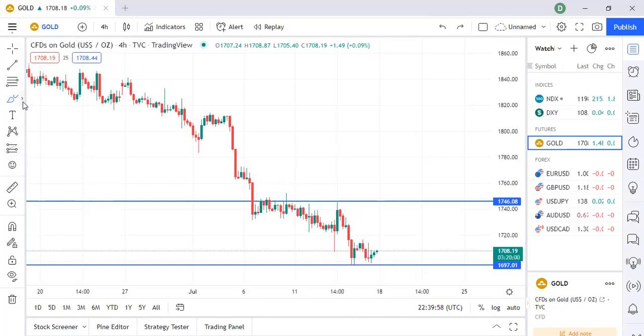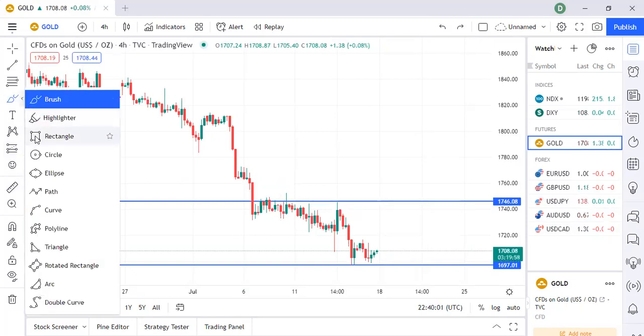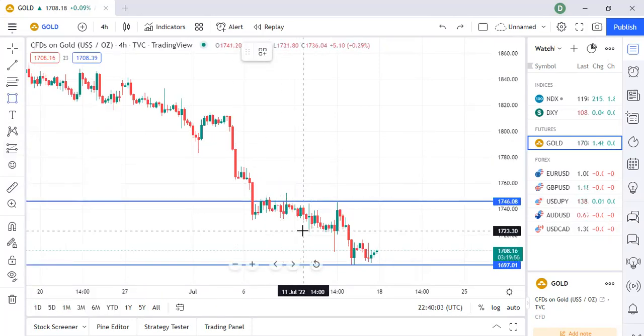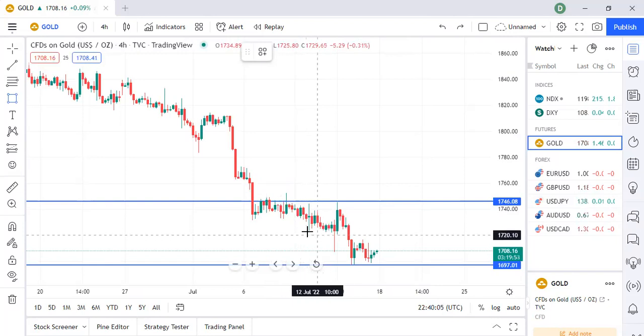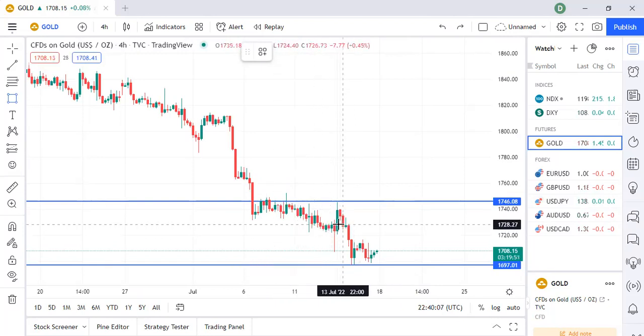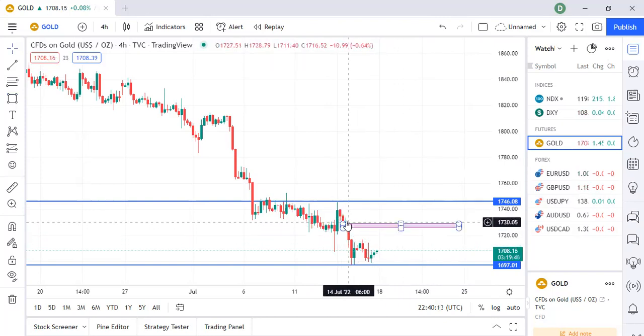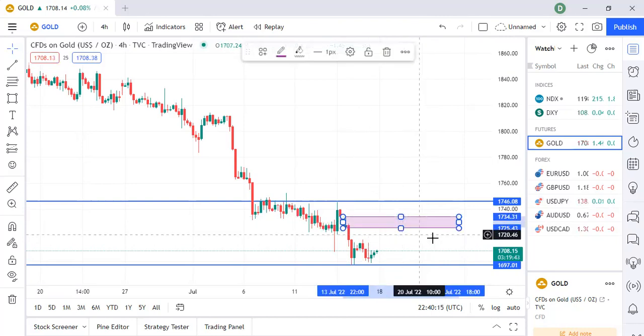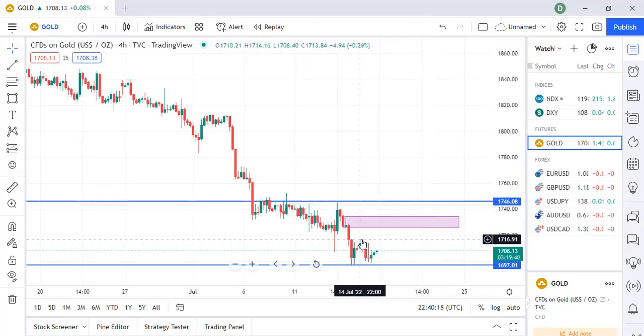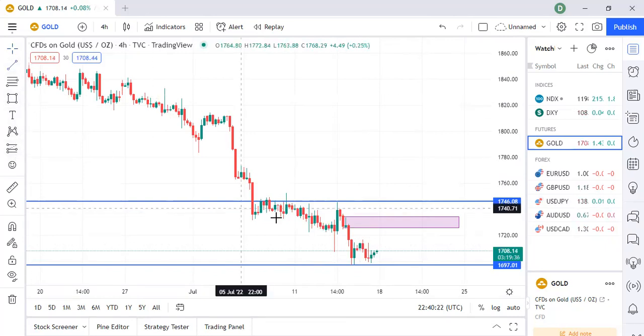If I'll trade gold this week, I will first be looking at taking a sell on gold somewhere in this region, based on confirmation on the lower time frame.